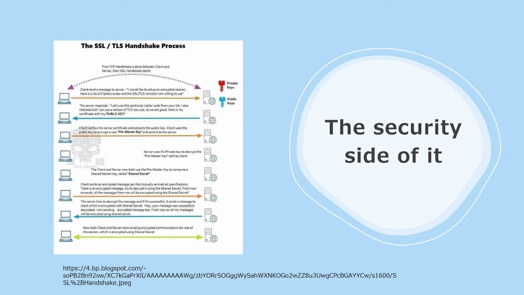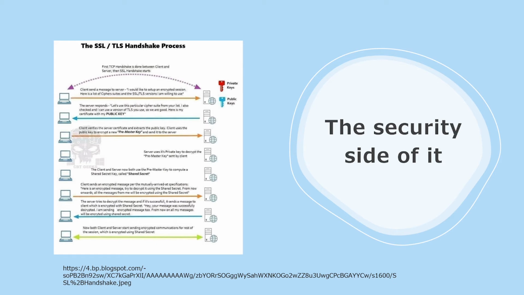And we have a short little graph here that basically explains the Secure Sockets Layer and Transport Layer Security handshake. After the TCP handshake is established, the client messages the server and says, "I'd like to set up an encrypted session. Here's a list of cipher suites that I'm willing to use."